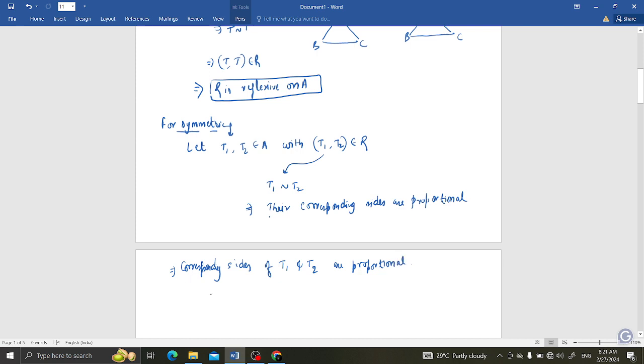Okay, so it implies that corresponding sides of T2 and T1 are also proportional.